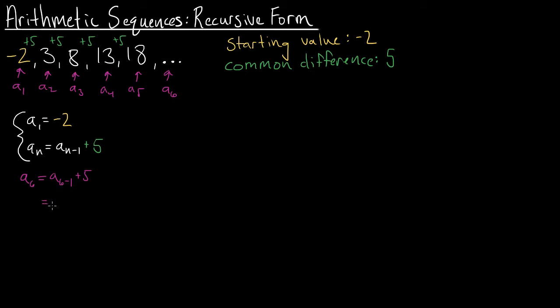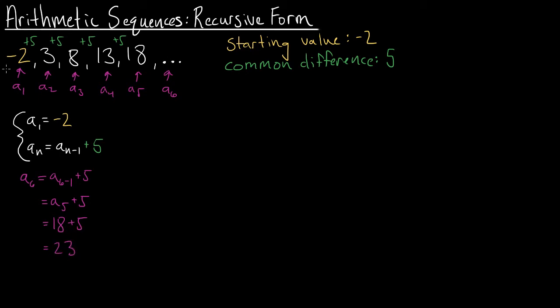A sub 6 subtract 1 is 5, so we have A sub 5 plus 5. And then we actually know what A sub 5 is already. We have A sub 5 identified right here. It's 18. And so we can replace A sub 5 with the number 18. So we have 18 plus 5, and then we can just continue to simplify that. 18 plus 5 is equal to 23.